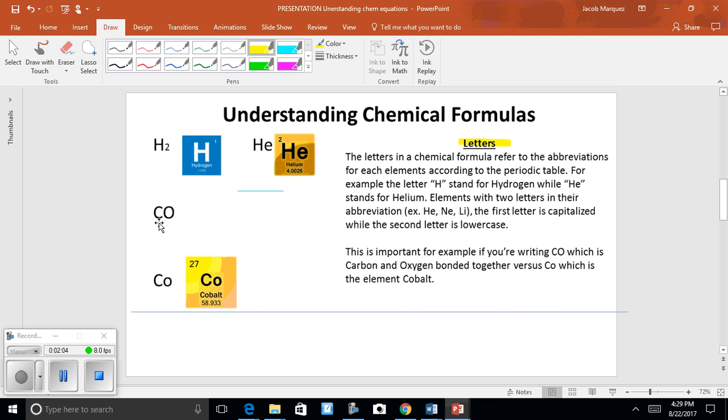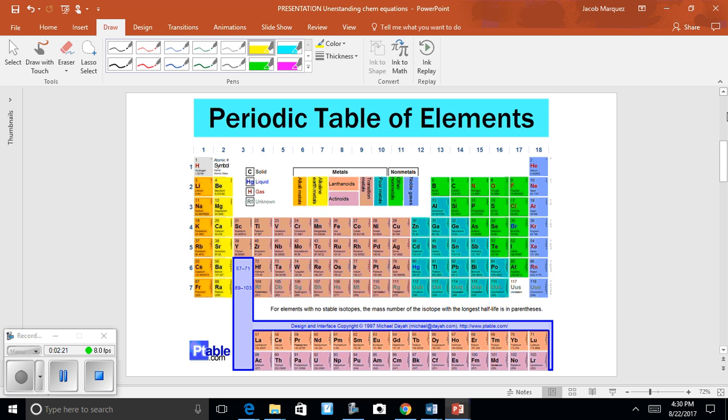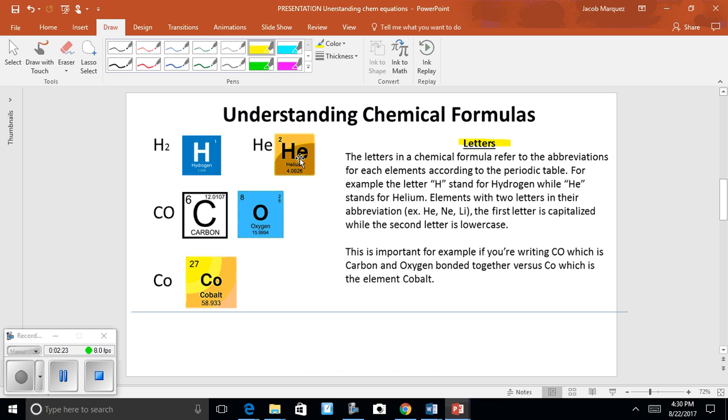What happens if we have a capital next to another capital letter? Well, that means this must be an element, and this must be an element also. So in this case, we have carbon and oxygen, two elements that are bonded together. Okay, so understanding what the letters represent, where you get them from, the periodic table, and how to differentiate between capital and lowercase letters, that's also an important feature.